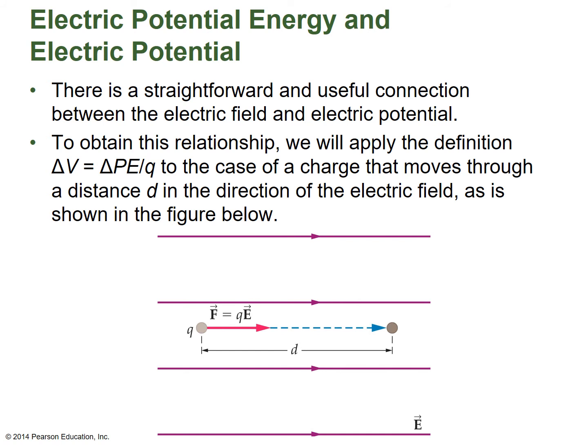If we have a charge Q placed in a uniform electric field E, it will experience a force F. This force F is equal to Q times E, and if the charge moves through a distance d, then you should understand that the change in electric potential is equal to the change in electric potential energy over the charge Q. So the change in the potential energy equals Q times delta V.